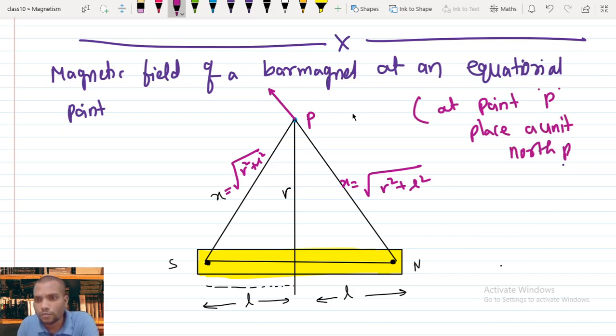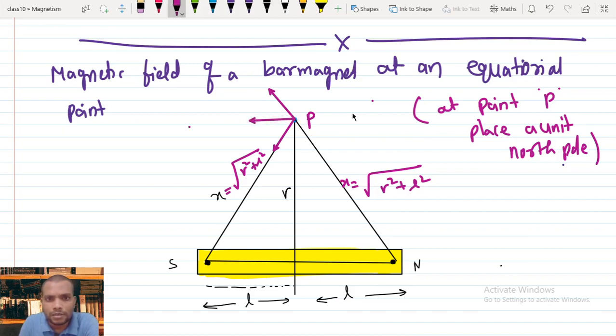As earlier, at point P, place a unit north pole. So the unit north pole at point P is repelled by the north pole of the bar magnet, so there is a resultant direction, but it will attract to the south pole of the bar magnet, so this will be in this direction, and we will get the resultant direction along this direction.